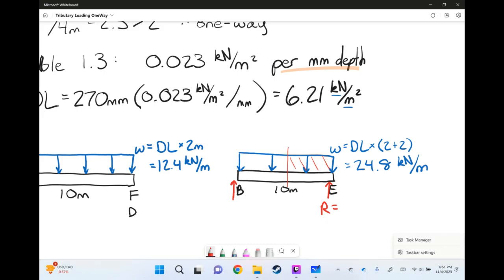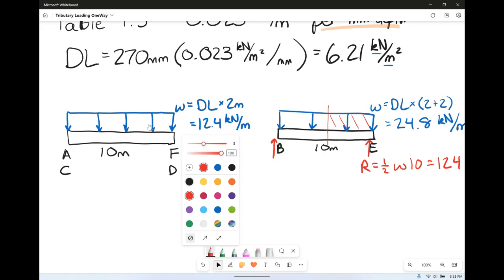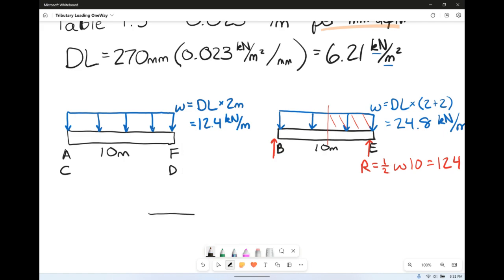So we've got W, so it's 1/2 of that W times that distance of 10. So it's going to be 5 times W. So the reaction here is going to be 124 kilonewtons.